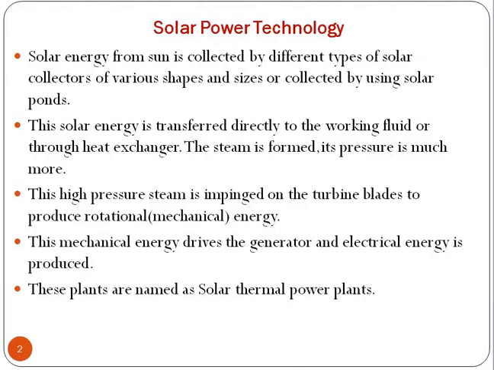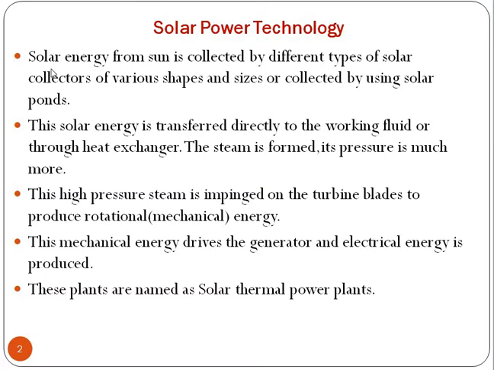Solar energy from the sun is collected by different types of solar collectors of various shapes and sizes, or by using solar ponds. Whatever solar radiations fall, we collect and concentrate them at one single point to raise the temperature of the vessel kept at that focal point.